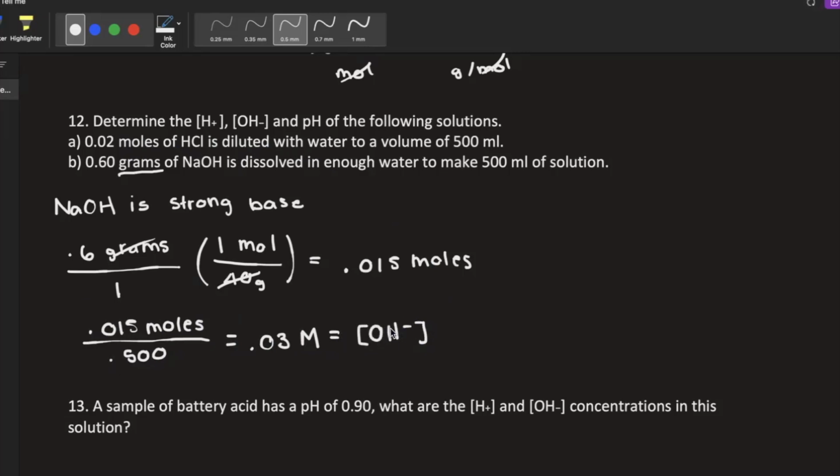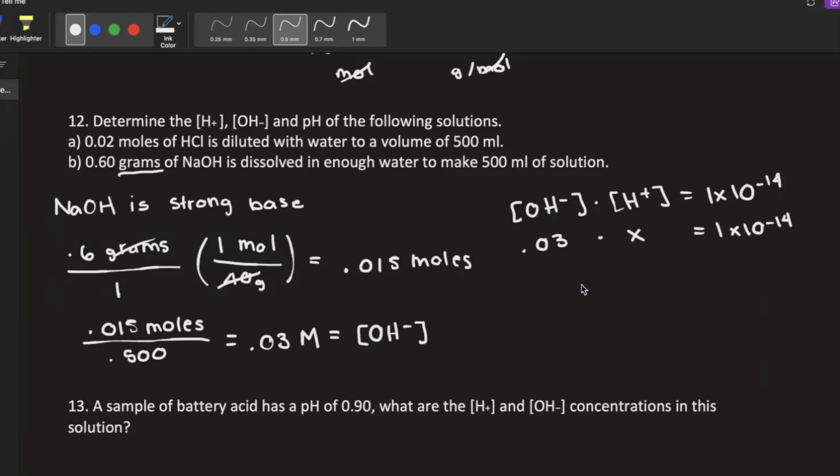Now, to find the hydrogen ion concentration, we do the same thing as before. OH minus times H plus is equal to 1 times 10 to the negative 14th. We know the concentration of the hydroxide ions, 0.03 times x equals 1 times 10 to the negative 14th.